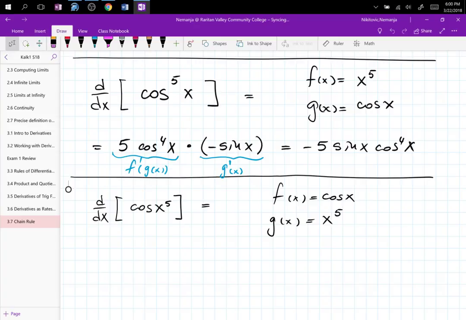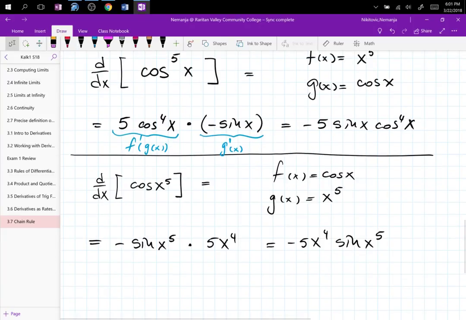Now you will see it's a vastly different answer. What's the derivative of cosine? So we have negative sine of x to the 5 times the derivative of the inside, which is 5x to the 4th. So the whole thing is negative 5x to the 4th sine of x to the 5. As you can see, it has nothing to do with what you had before.